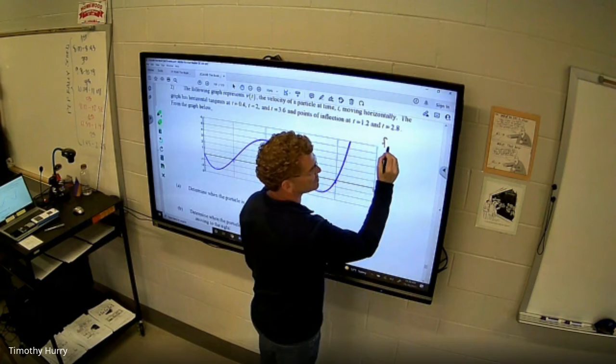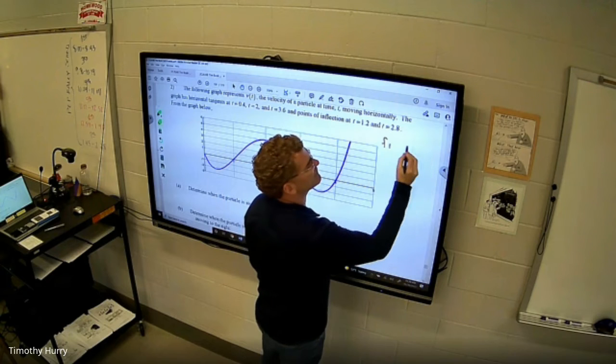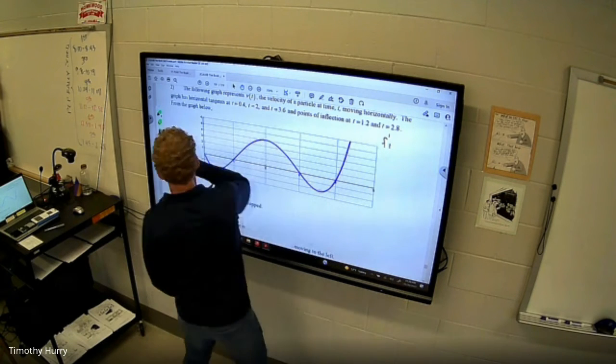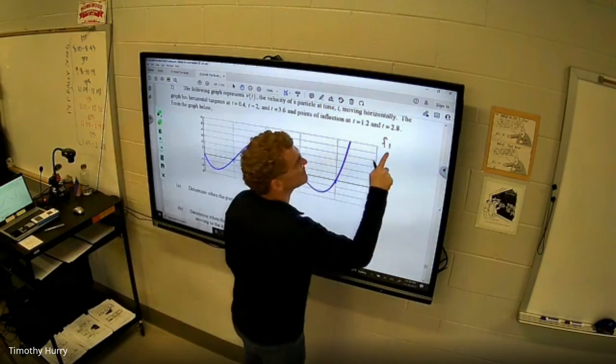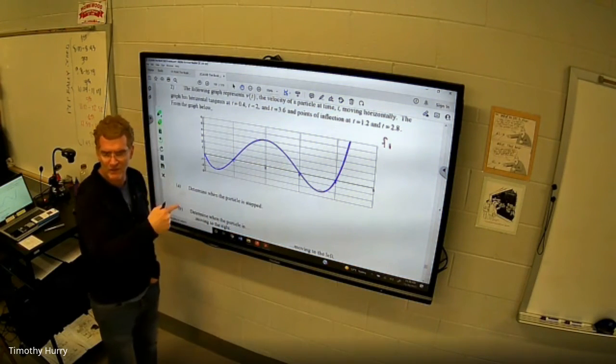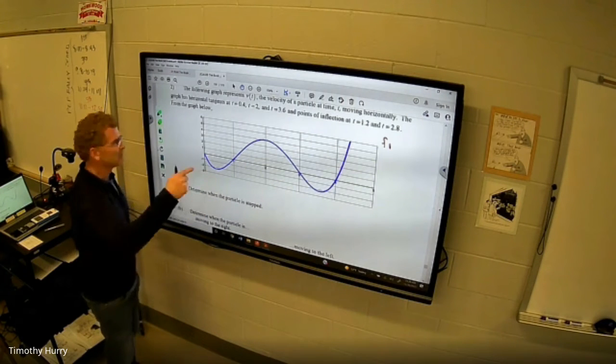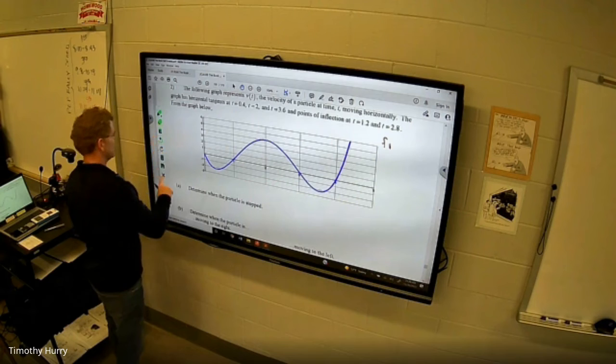If the function increases, how did I write it? I said if the derivative, let me write this. Didn't I always do it f double prime, f prime, f, or did I do it the other way? F prime, f double prime? Okay, so that's right. So let's look at that again.